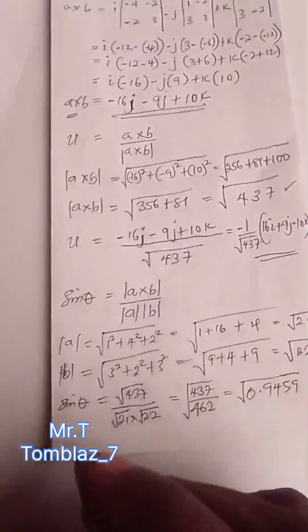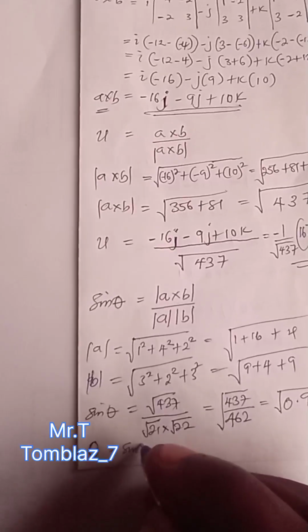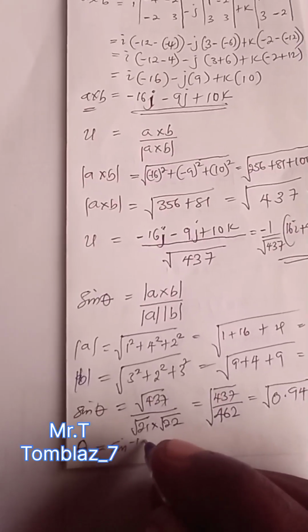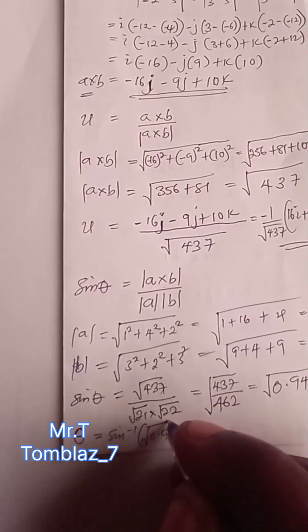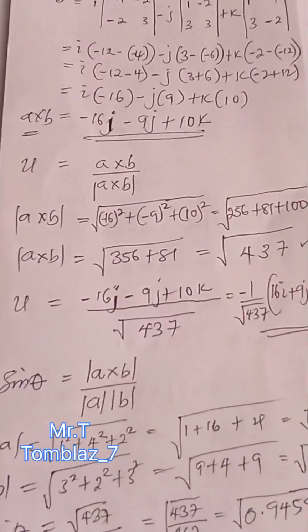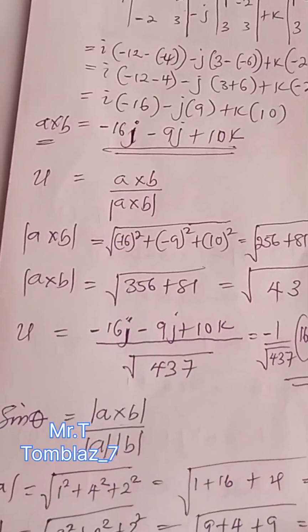So we're going to be having this value, square root of 0.9459, right? So if they say we should find theta now, the angle, then it will be sine inverse of this value, square root of 0.9459. So let's see, the square root of this value will give you 0.9726.